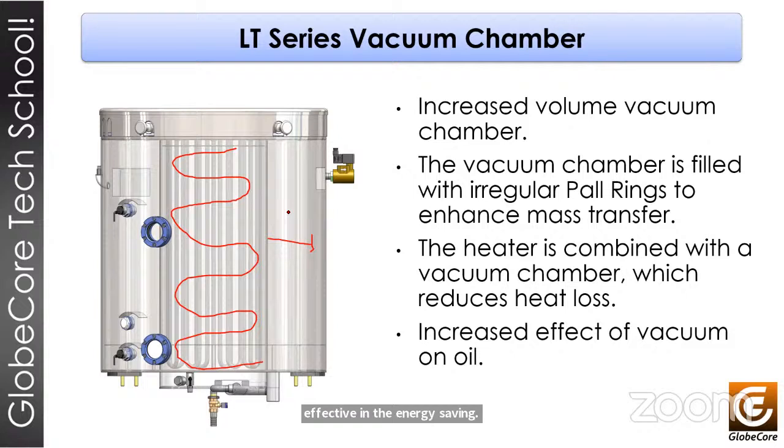You will have really good heat transmission from the heaters to the oil, and you will not lose energy to the environment because you have the vacuum chamber between the heater and the environment.